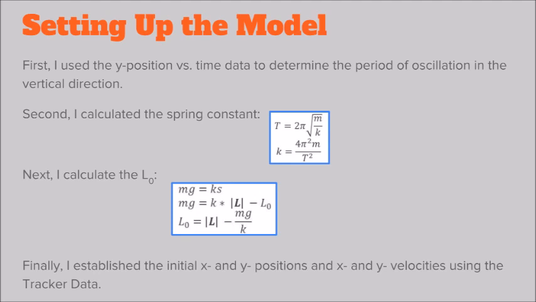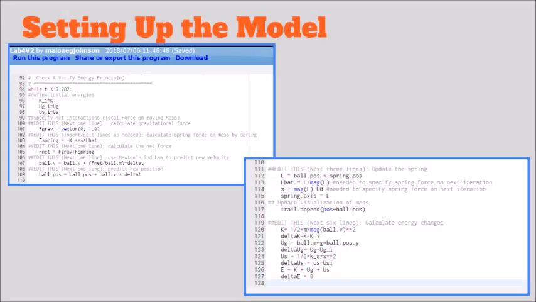Finally, I established the initial x and y positions and the x and y velocities using the tracker data. I updated the code to show that the initial position equals negative 0.7 in the y direction, initial velocity equals 0, spring stiffness equals 6.83, and relaxed length equals 0.123.